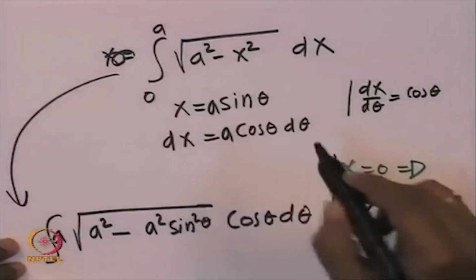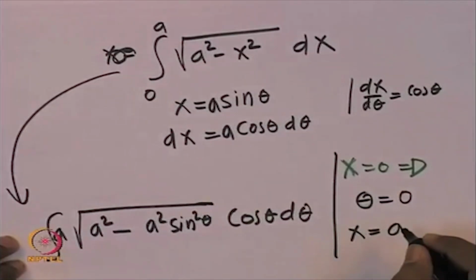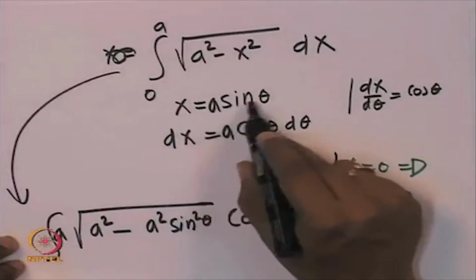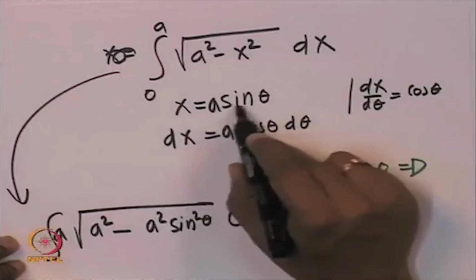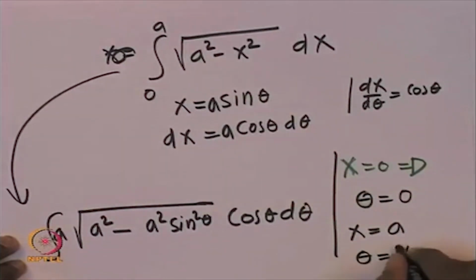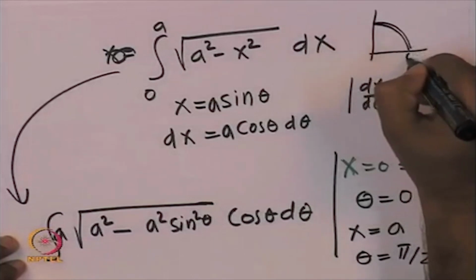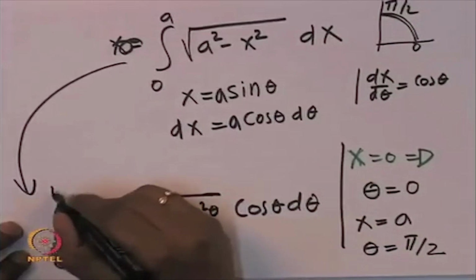When x is equal to a, sin theta has to be 1, and sin theta is 1 when theta is equal to pi by 2. Also, we know we are integrating half of the circle, so the limit has to be 0 to pi by 2.